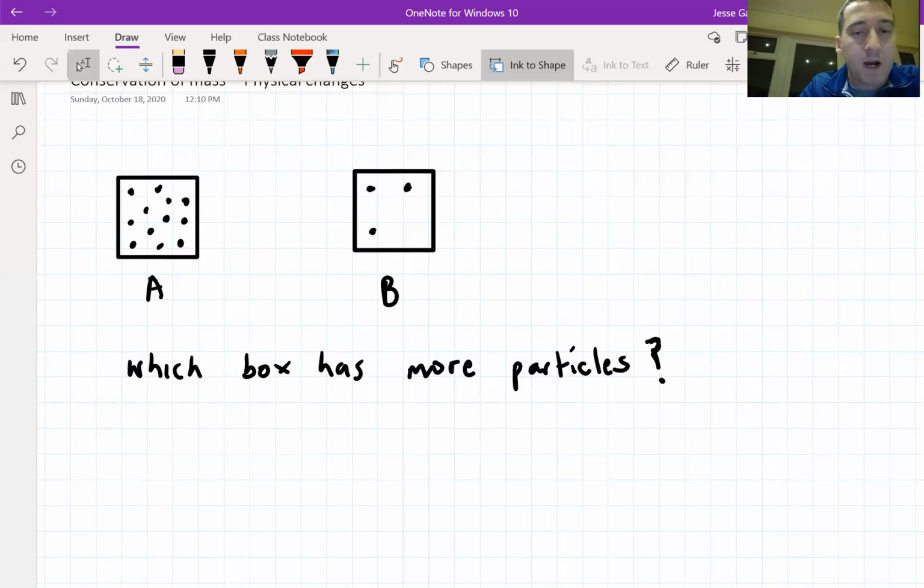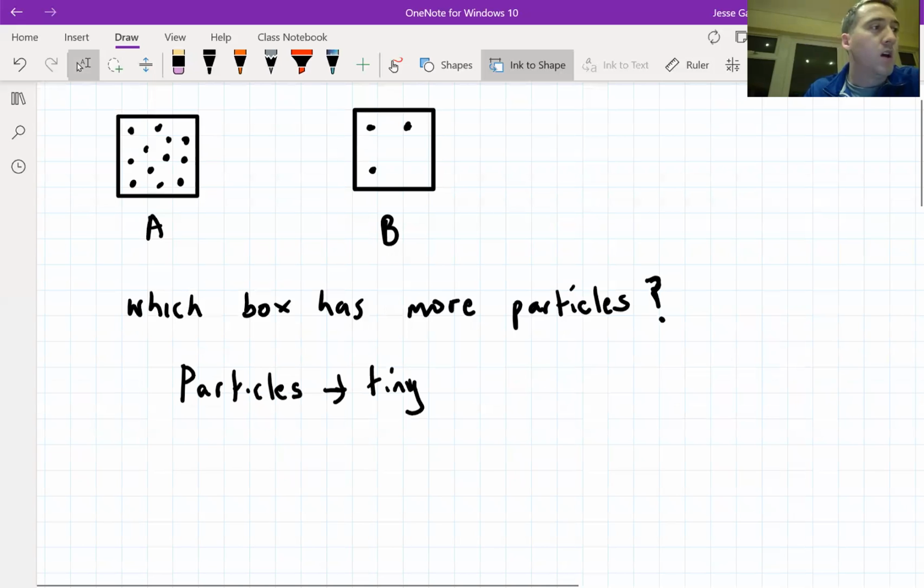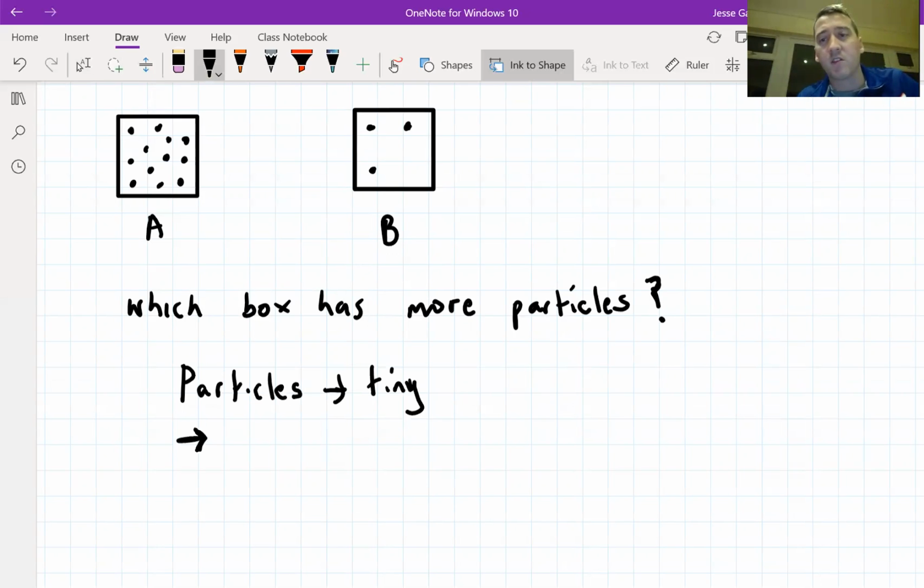Now remember, particles are really tiny, extremely tiny, really small.